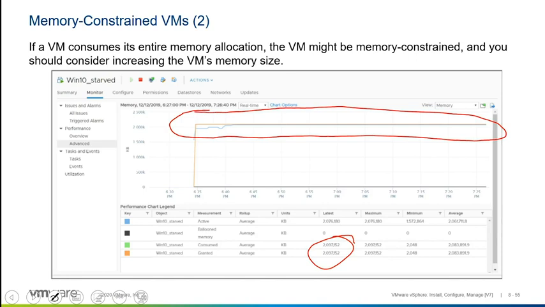This is telling me that my VM itself is constrained for RAM. I could probably see the same information if I go into the VM and look at perfmon or the task manager within this Windows 10 starved virtual machine. So maybe increasing the memory allocation can alleviate some of that pressure, and the VM and its applications would perform better.